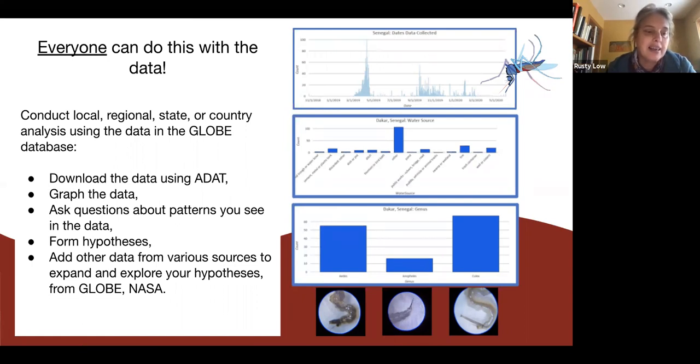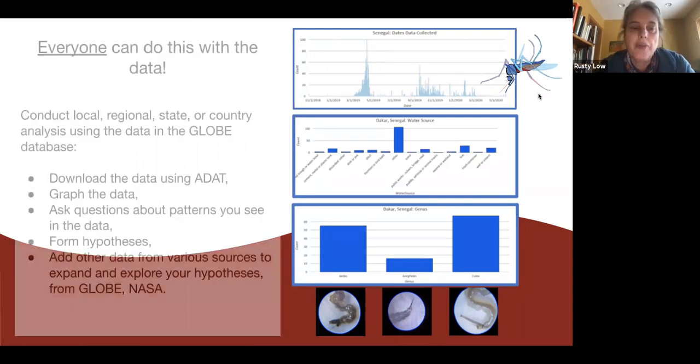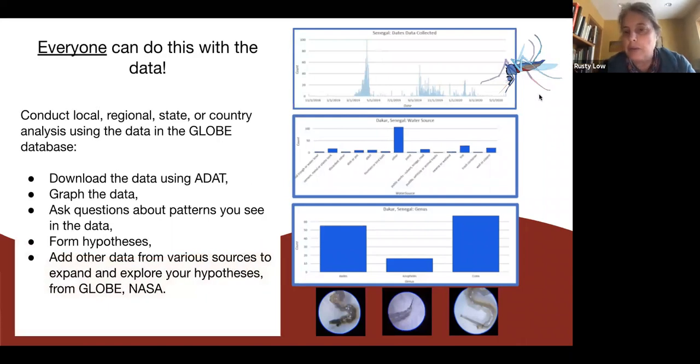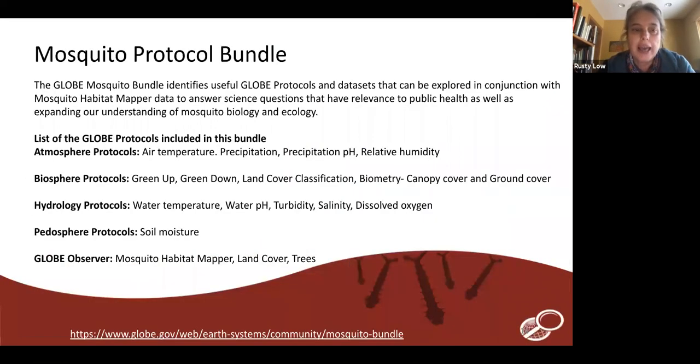And in the next slide, I just wanted to point out that there are resources already available to you, where we can look at the mosquito bundle, which shows you how you can connect your mosquito observations with protocols from all the other spheres, as well as all the other Globe Observer protocols.